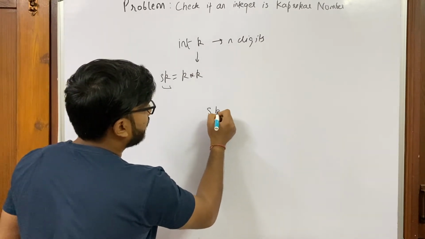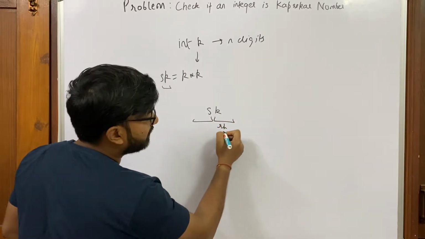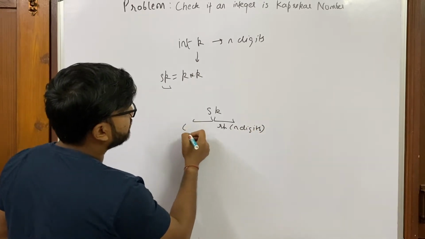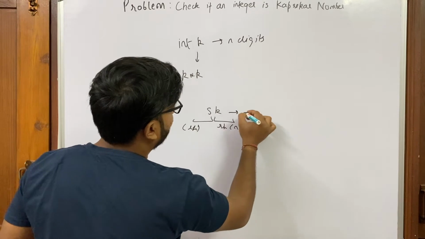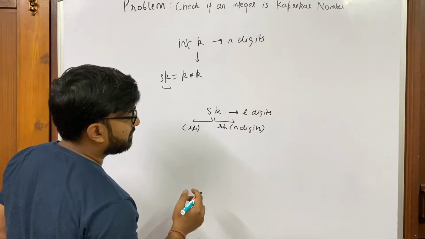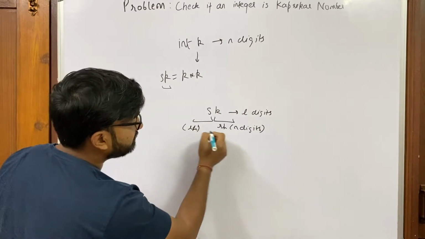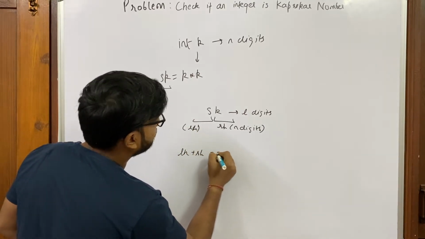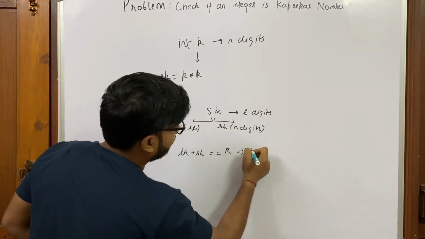The rightmost n digits are the right half and the remaining digits are the left half. So if the square of k is of l digits, the rightmost n are the right half and the remaining are the left half. If you add these respective halves, left half plus right half, and this is equal to the original value k, then it is a Kaprekar number.